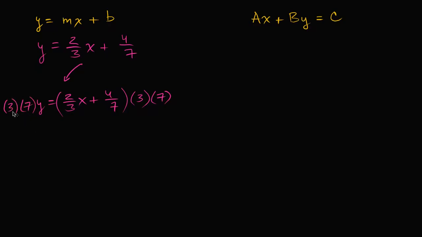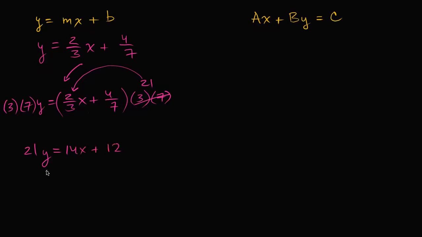So the left-hand side becomes 21y. 3 times 7, of course, is 21. And we would distribute the 21. 21 times 2/3. Well, 21 divided by 3 is 7, times 2 is 14. So it's going to be 14x. And then 21 divided by 7 is 3, times 4 is 12. So just like that, I was able to get rid of the fractions.